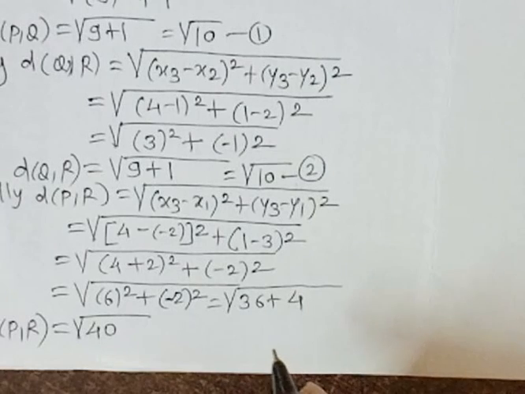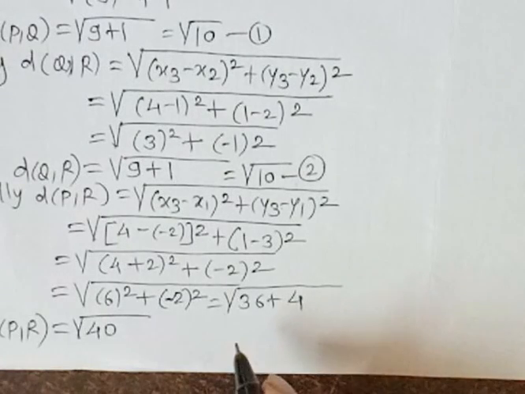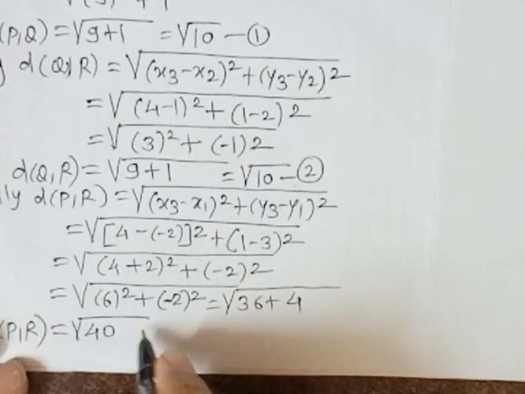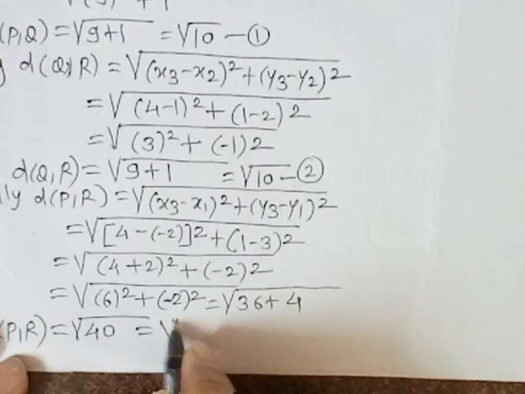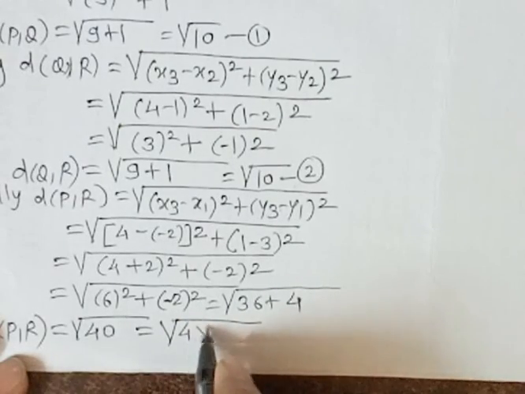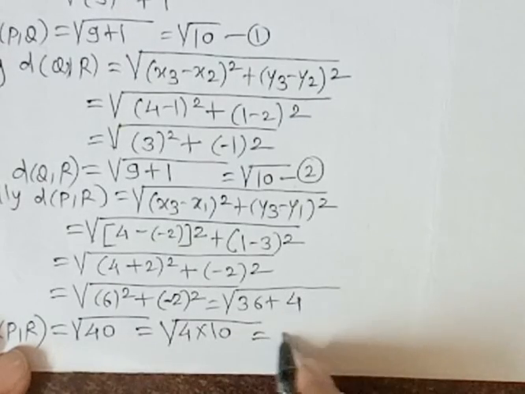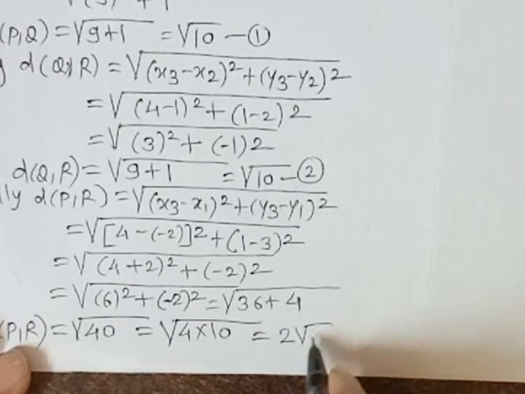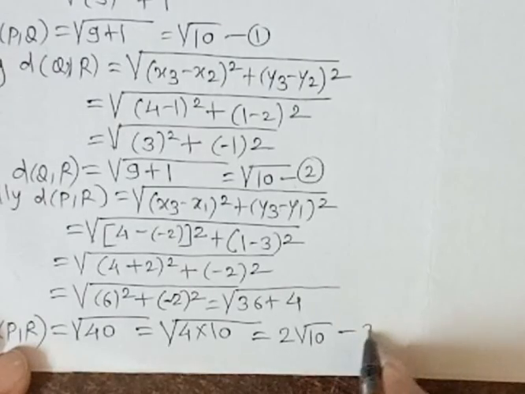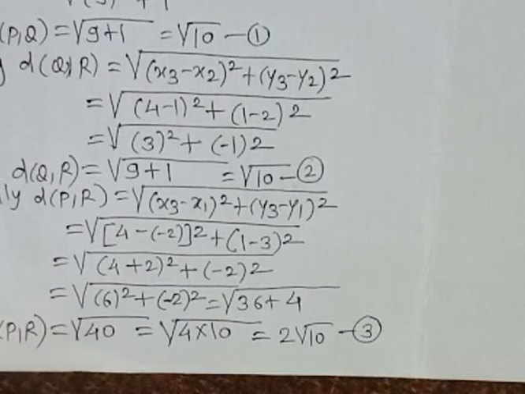Now this is under root 10 and this is under root 40. Split 40 as 4 into 10. Square root of 4 is 2, square root of 10 is not possible so keep it as it is, this is 2 root 10. Now see first, second and third.